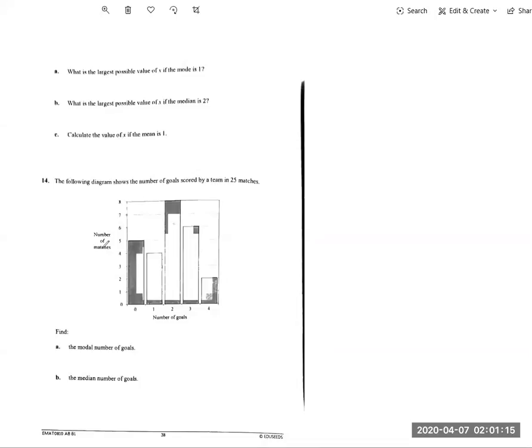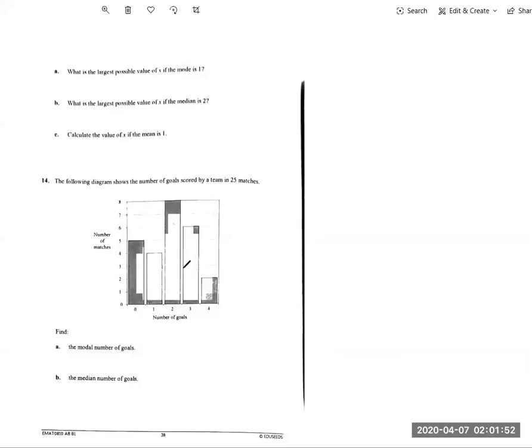There are 8 matches, where 8 represents the number of matches, and each of these 8 matches scored a goal of 2. Then the fifth bar here is 2. That means there are 2 matches, and in each of these 2 matches, they scored 4 goals. So you understand how to interpret this bar chart.